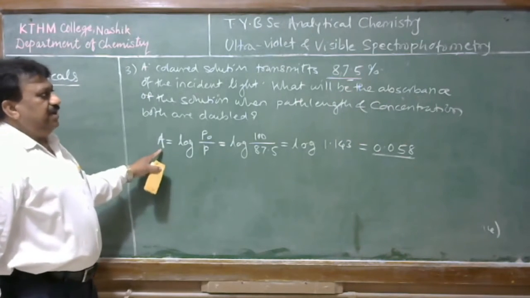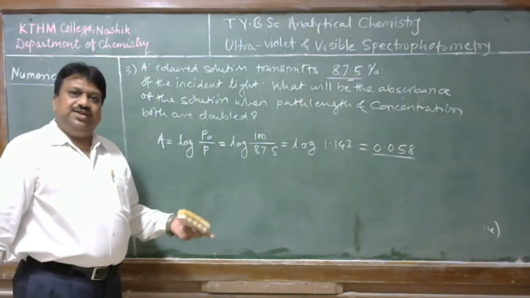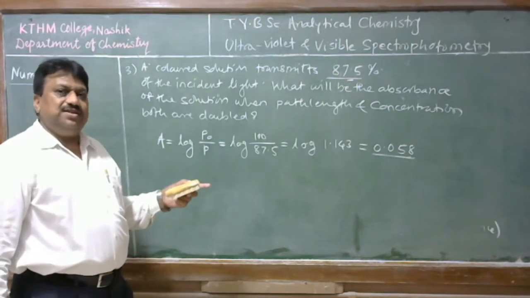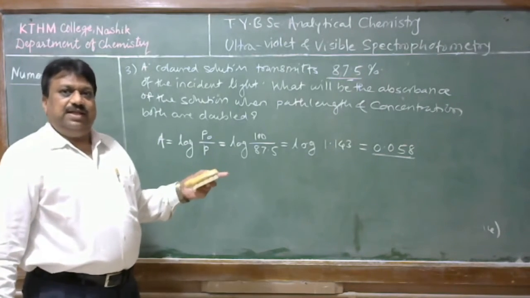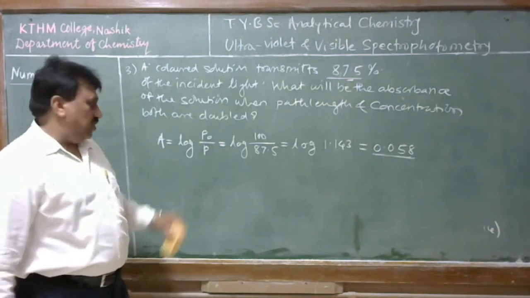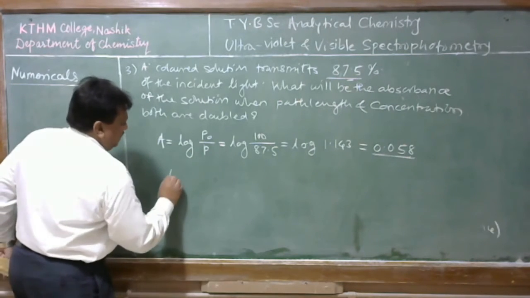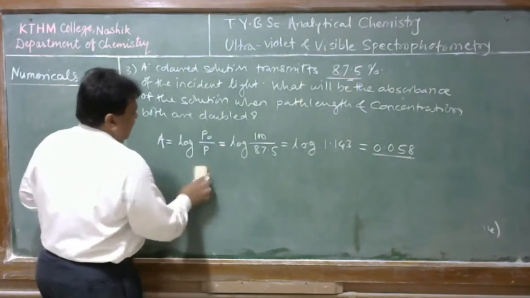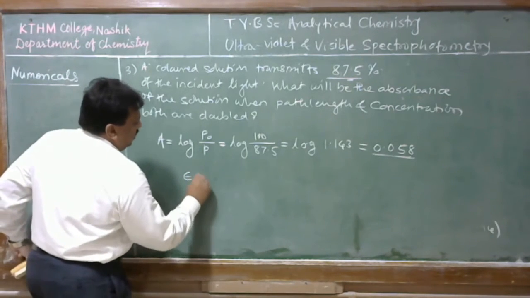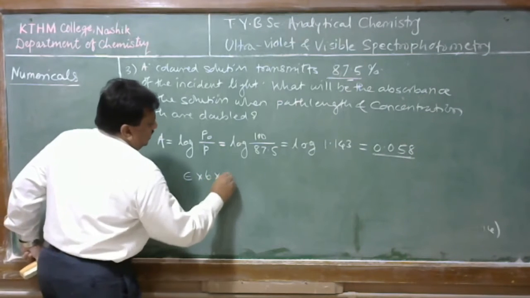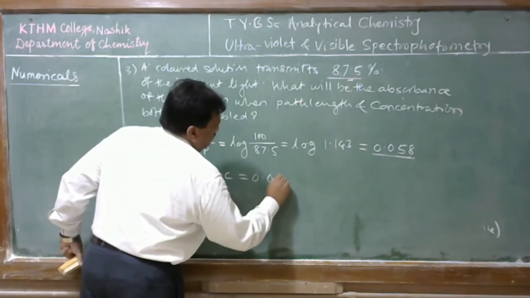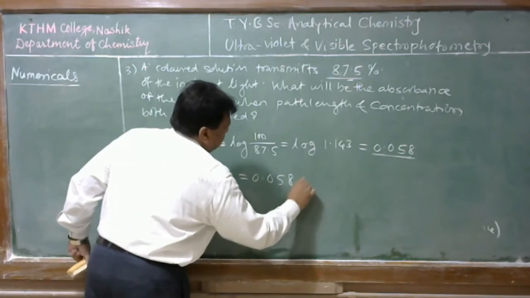Now when path length and concentration both are doubled, that will directly affect the absorbance. A is equal to epsilon into B into C, that is equal to this absorbance, 0.058.